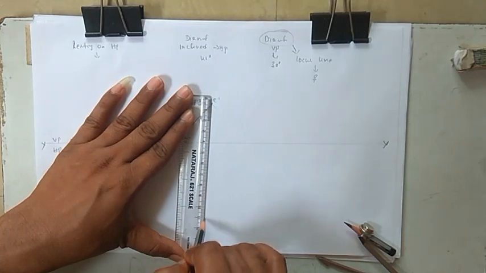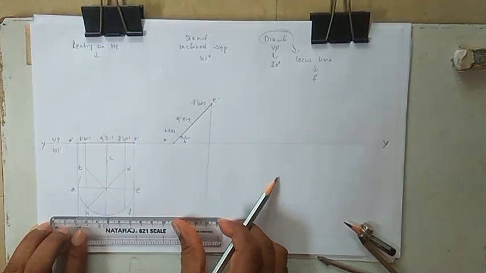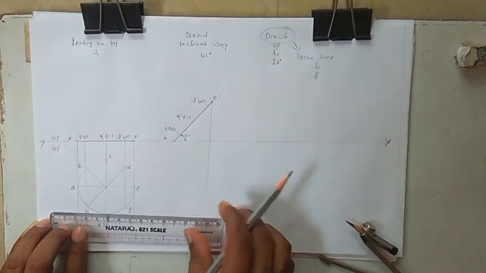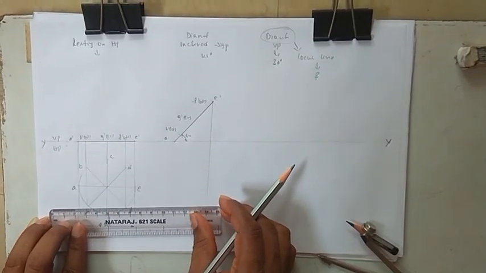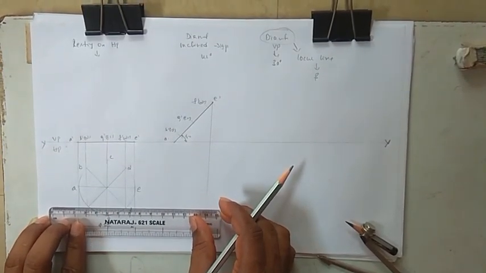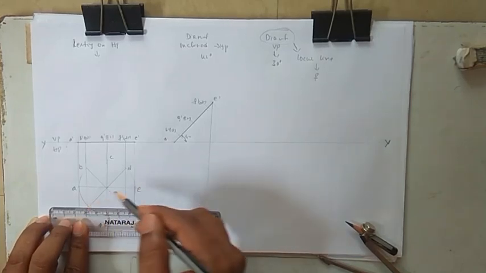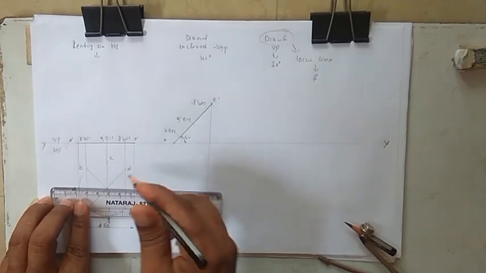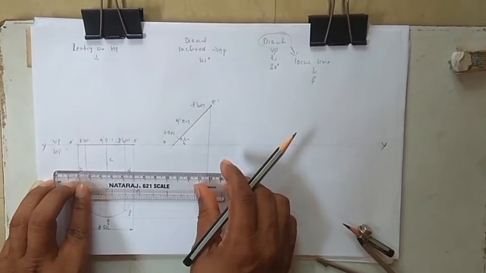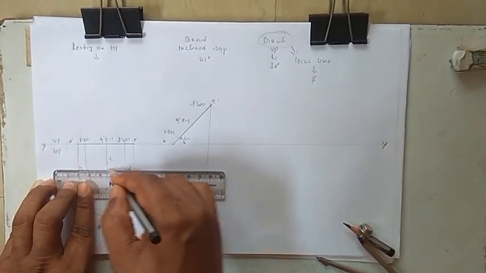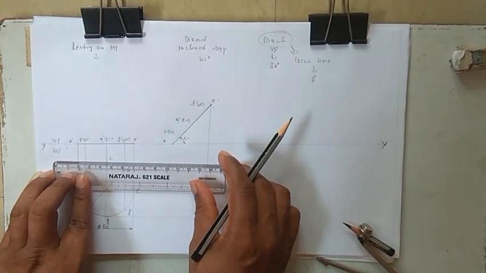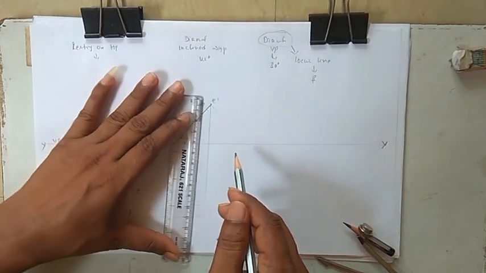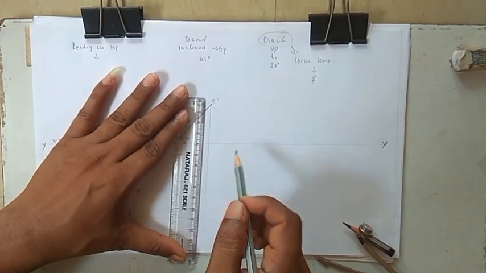Now we draw the projection, the right extreme line and bottommost line, then horizontal projections. Now take the vertical projections.